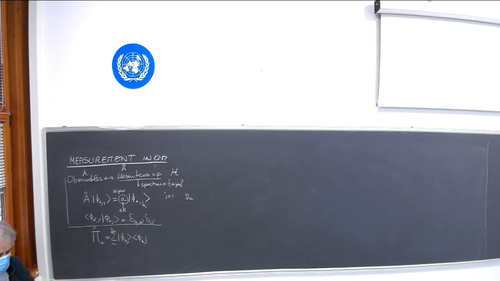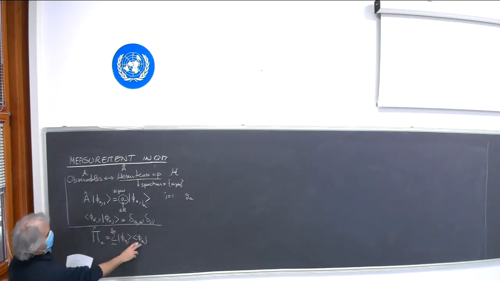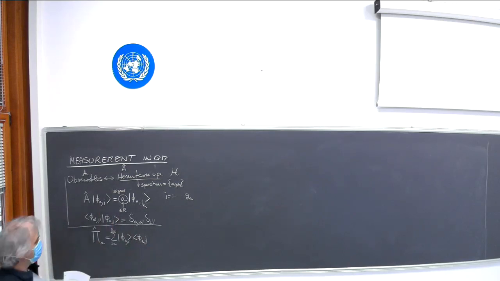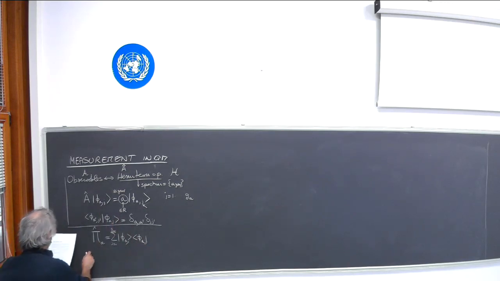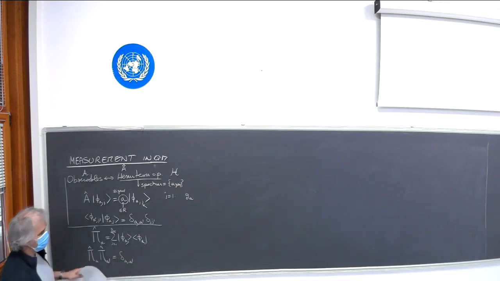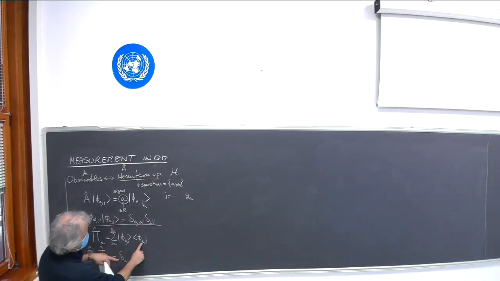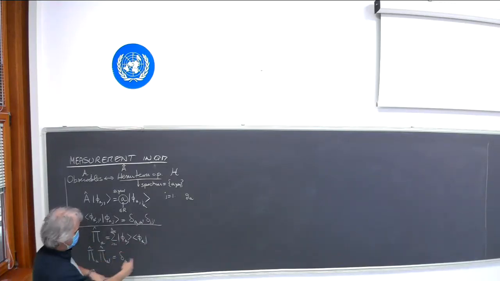Okay? Good. Now, since the different eigenvalues are orthogonal, these projectors are such that if I do P a times P a prime, then certainly if a is different from a prime, I get 0, right? Because I get the scalar product of an eigenvector with eigenvalue a and one with eigenvalue a prime.